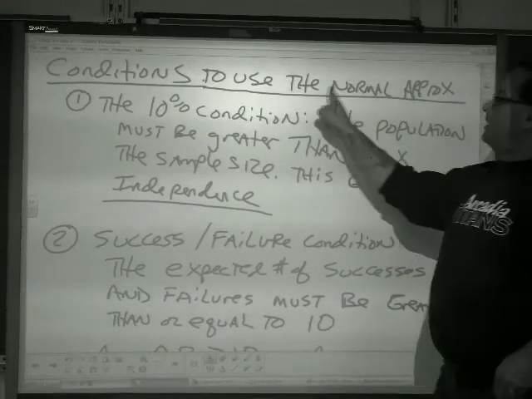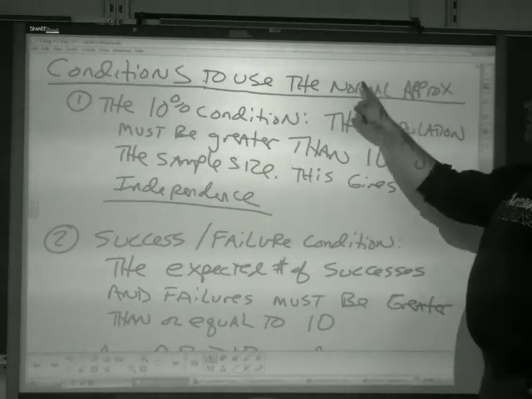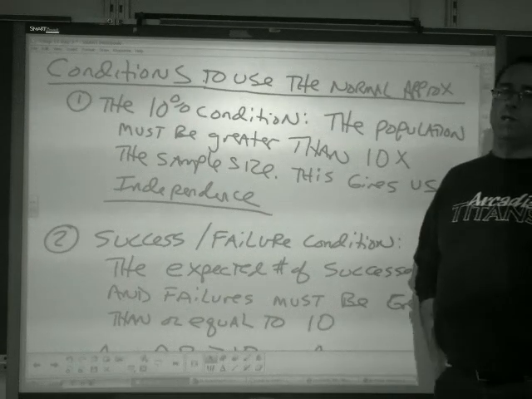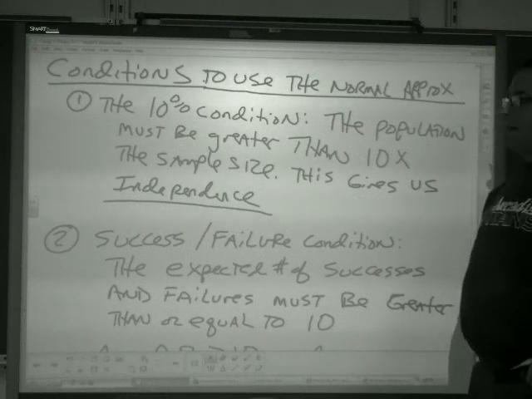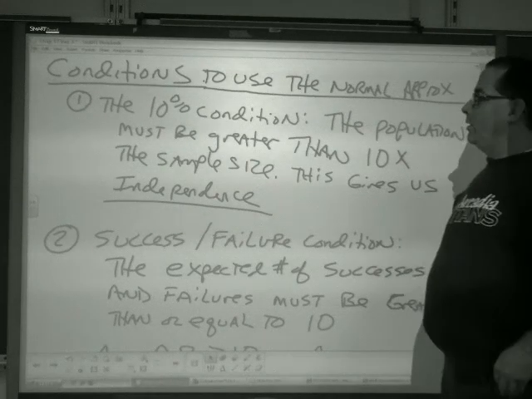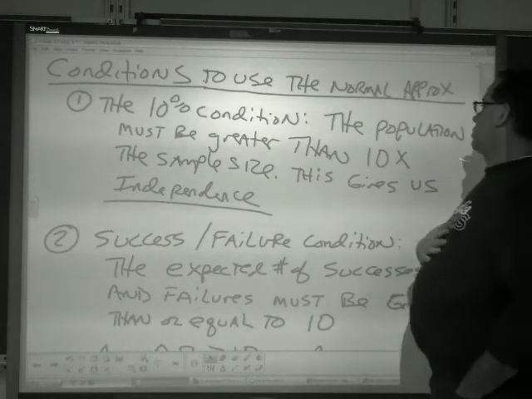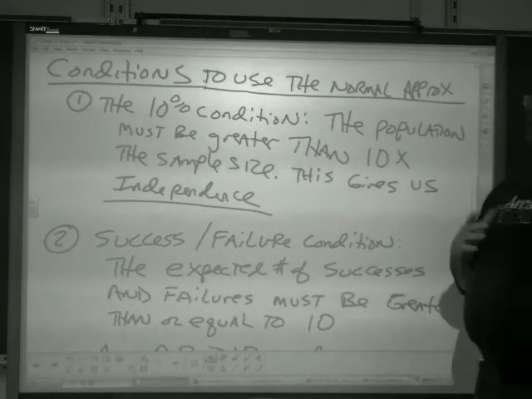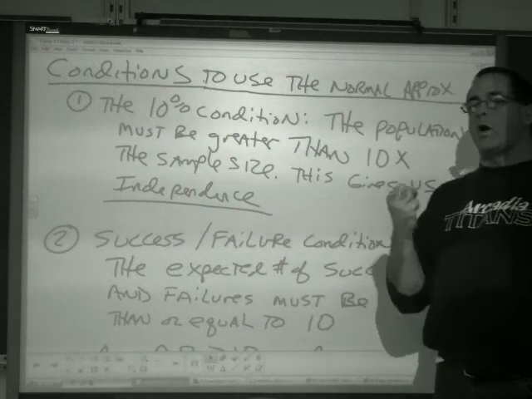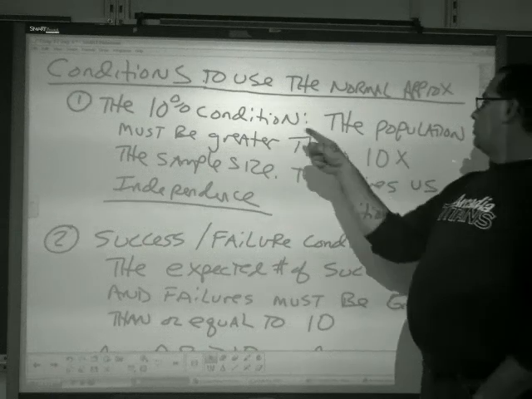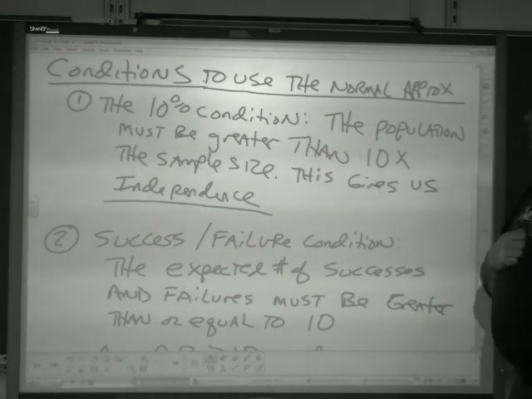So the conditions to use the normal approximation. All right, we have conditions that we have to meet. And right now we have 2 conditions. One, the 10% condition. The population that we're pulling from must be greater than 10 times the sample size.